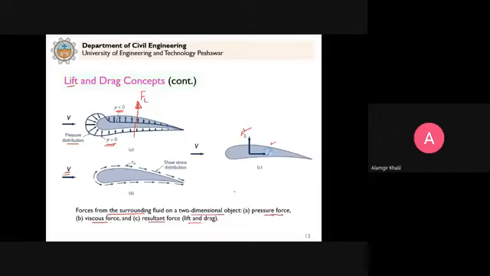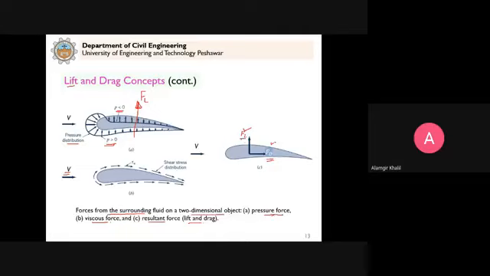Clear? And then the resulting stress is the normal stress. Clear? And also we have a shear force, clear, which acts parallel to the area, and that creates a shear stress. Clear? So because of these two forces acting, this results in these lift and drag forces.